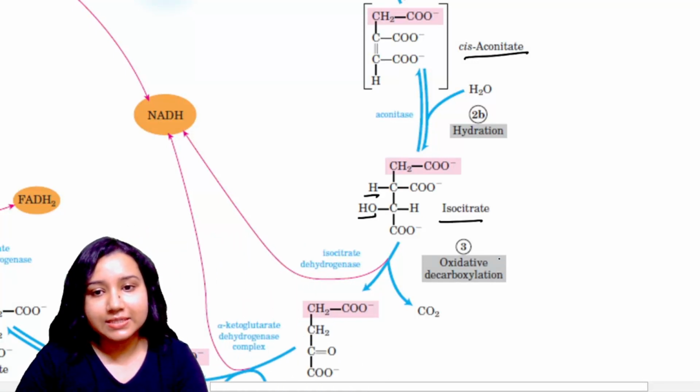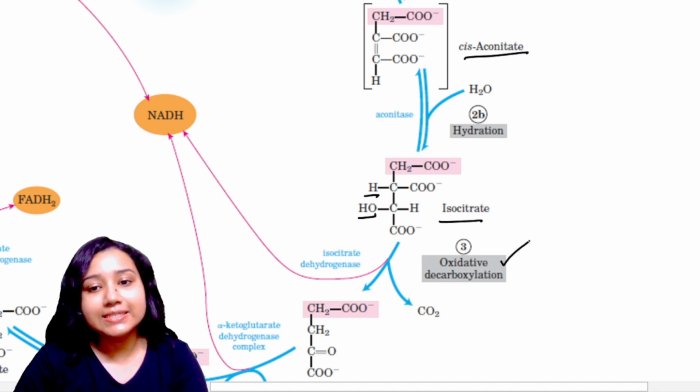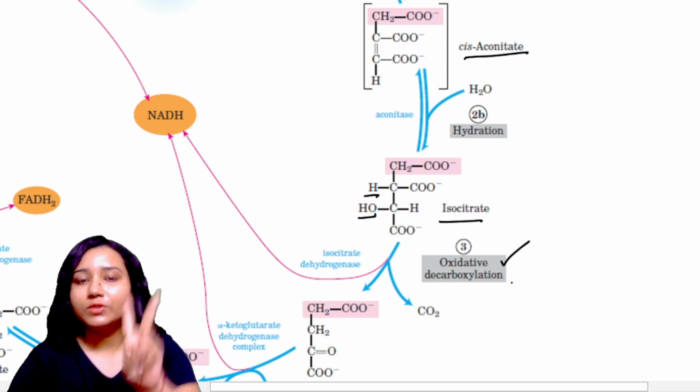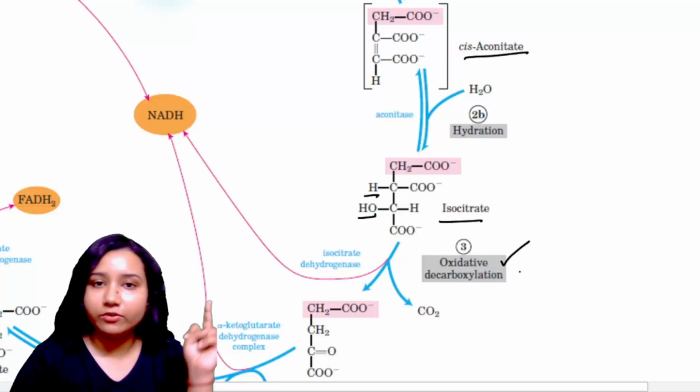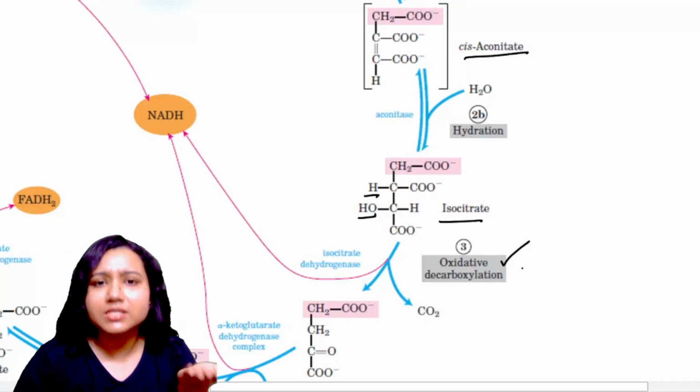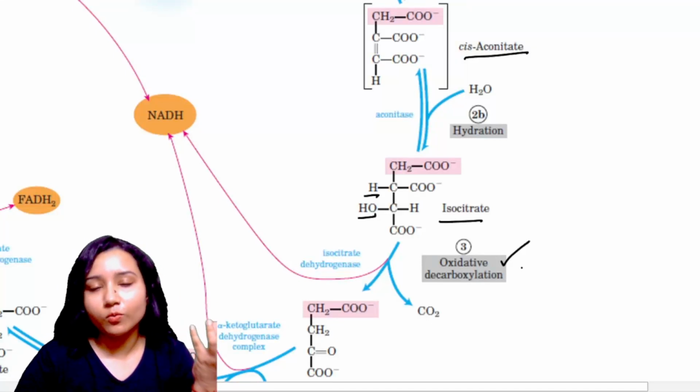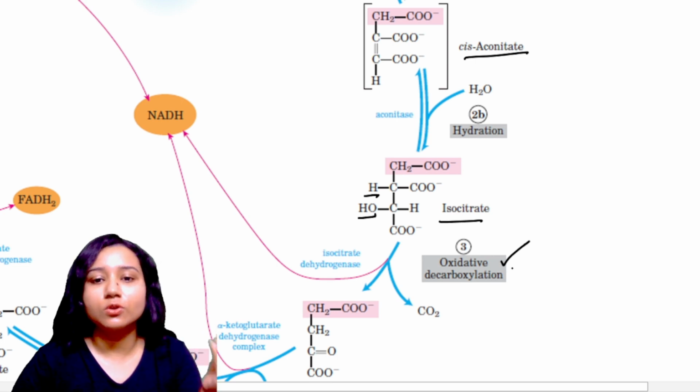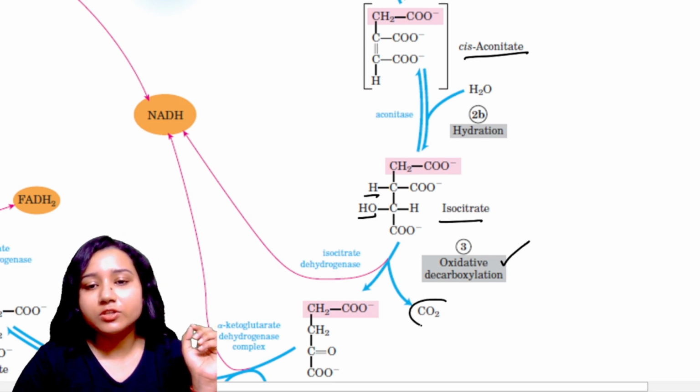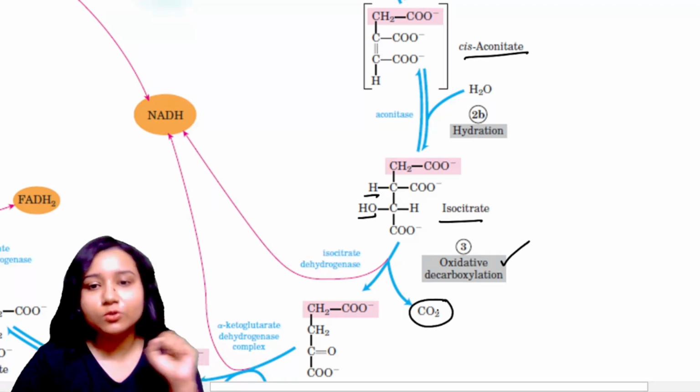So we will notice that there is going to be oxidative decarboxylation. Here two things happen. There is going to be a dehydrogenation, which is basically oxidation, and along with that decarboxylation is also going to take place. Decarboxylation means CO2 is released.